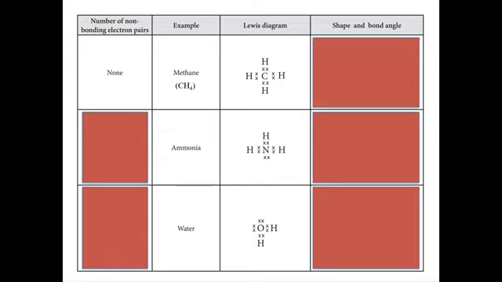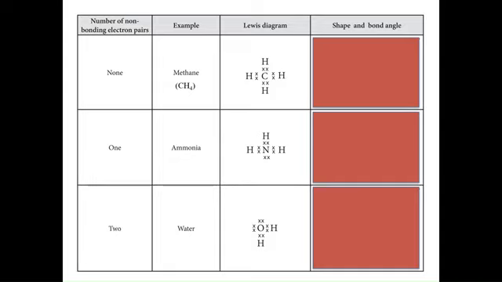Ammonia has 3 bonding and 1 non-bonding. And water has 2 bonding and 2 non-bonding. At this point, it should be clear that all 3 of these compounds actually belong to the tetrahedral geometrical electron group arrangement.